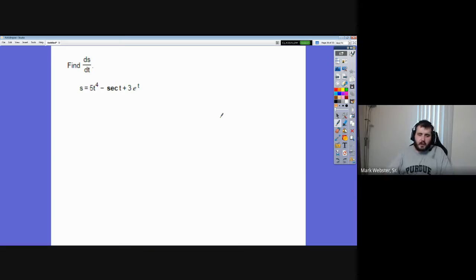Here's another one. Don't try and do this all at once. There's no reason. Do these all in pieces. Take the derivative here. Bring down the 4. Drop the exponent by 1. So 5 and 4 makes 20 because we're multiplying, t, 4 minus 1 is 3. Well, there's the first one. What's the derivative of secant?